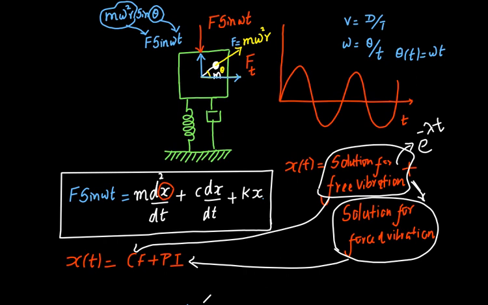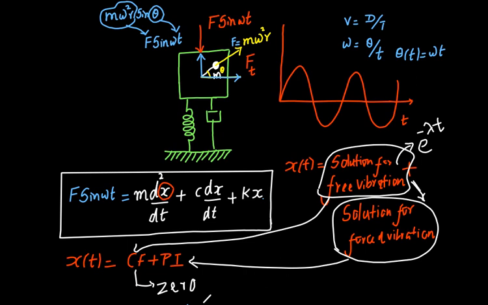Since it has an exponentially decaying term, as time progresses the complementary function will become 0. It will have an effect on the solution at the beginning, but in a very short duration of time, it is actually going to become 0.